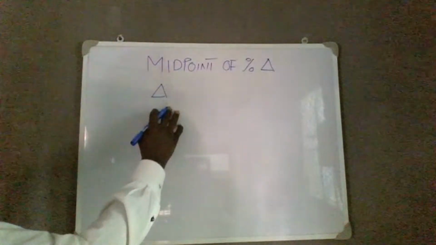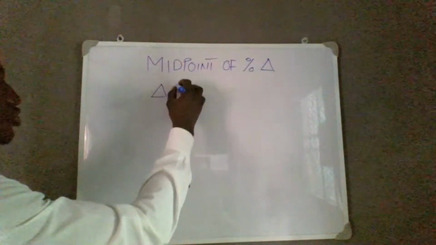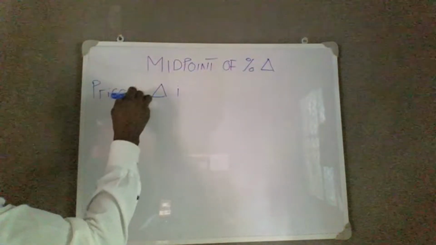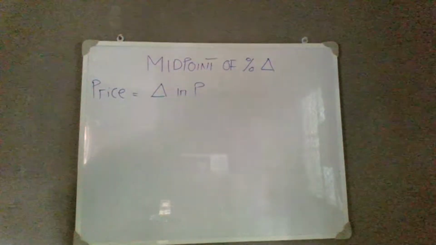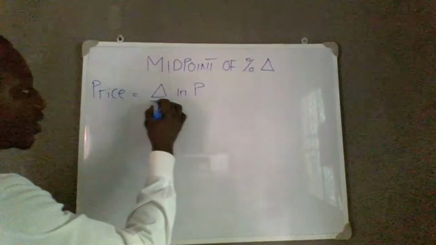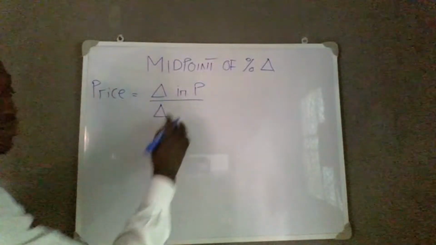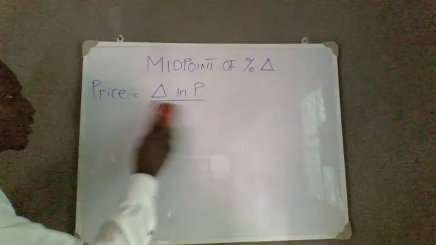Our formula is change for price now. We have the formula of price, we have change in price all over, okay, I think I have to put this in bracket.